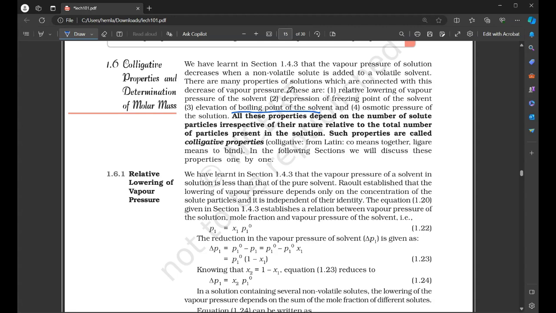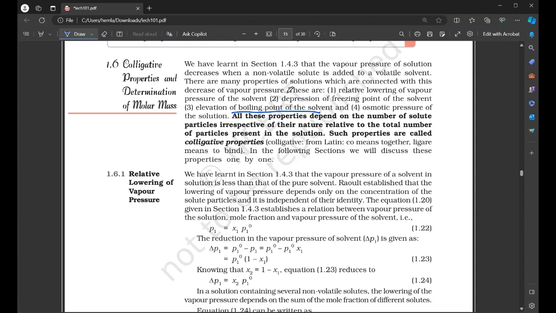So there are a lot of properties which contribute, and we gave them the name colligative properties. The different types of colligative properties are: relative lowering of vapor pressure of solvent, depression of freezing point of the solvent, elevation of boiling point of the solvent, and osmotic pressure of the solution.